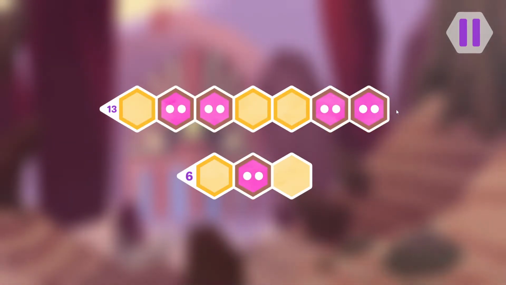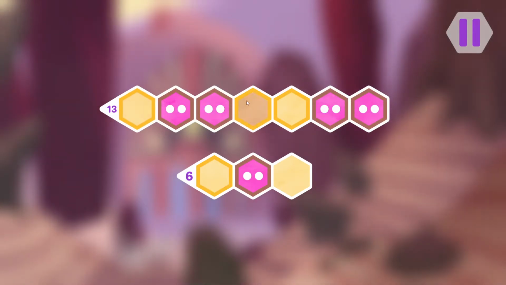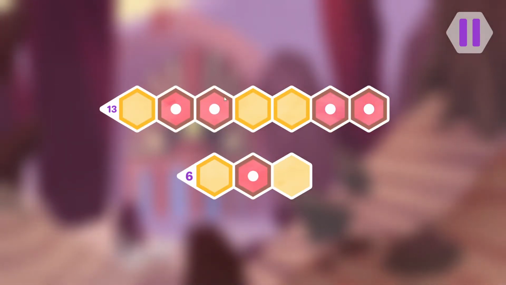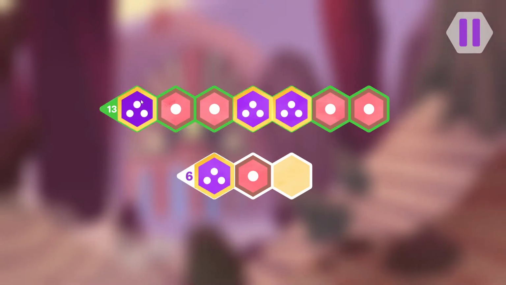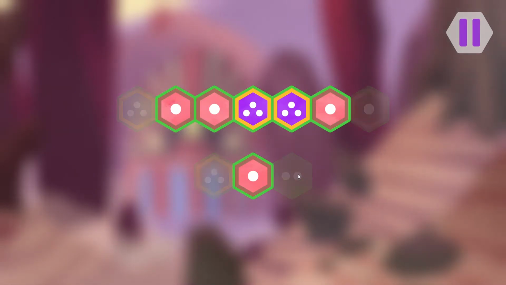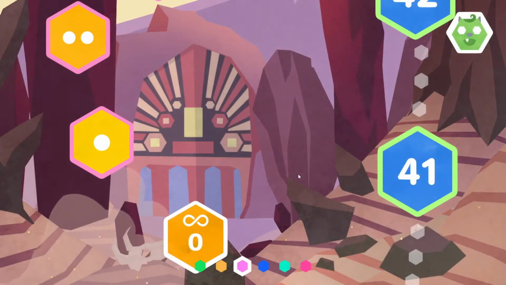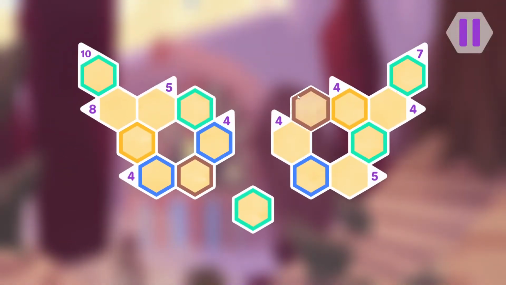It can't be 2 because this way it will be 8, and we'll have only 5 left, which can be divided among 3. So that means it's 1. So it's 4, 9 remaining. This is 3, and this is 2. Okay, second one. What do we have here?